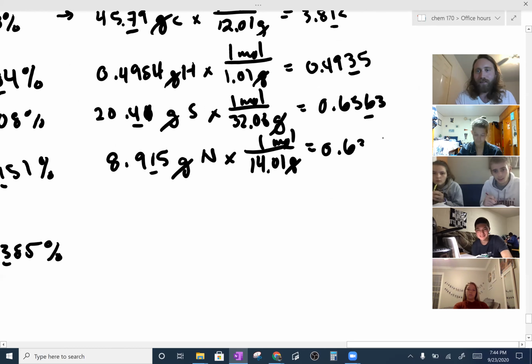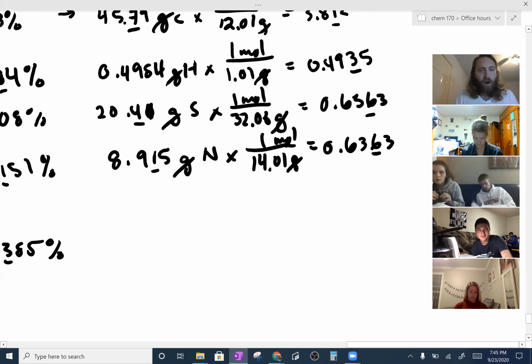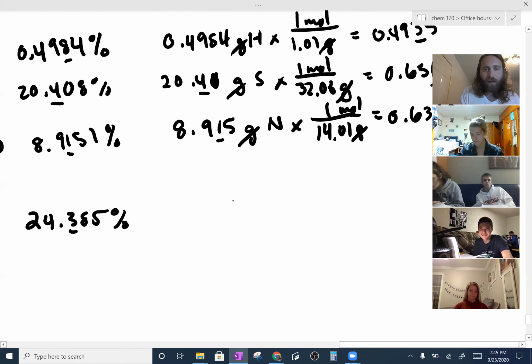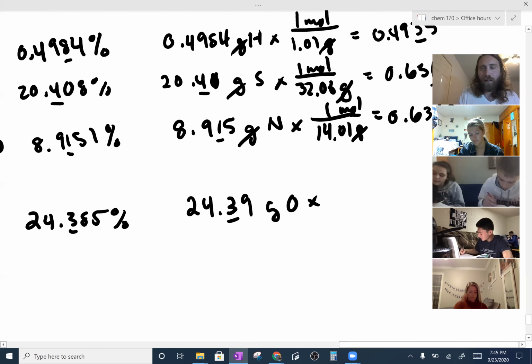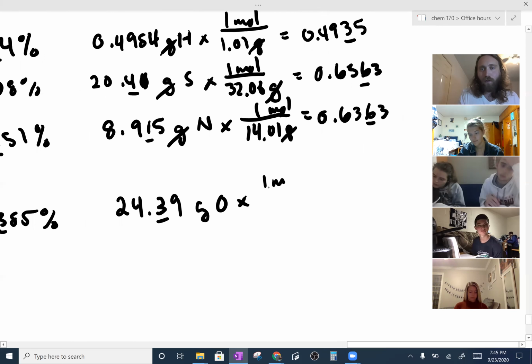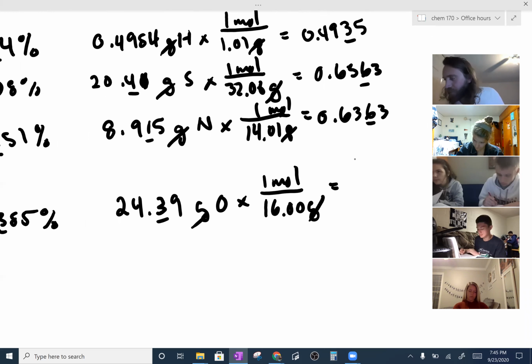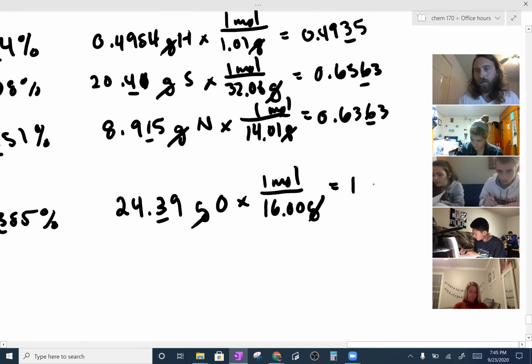It was 0.6363, the same as sulfur. Okay, oxygen. Here we have 24.39 grams of oxygen multiplied by the inverse molar mass of oxygen, 1 mole divided by 16.00 grams. Grams cancels out, and we end up with 24.39 divided by 16.00, and we get 1.524 moles, good to 3 sig figs.